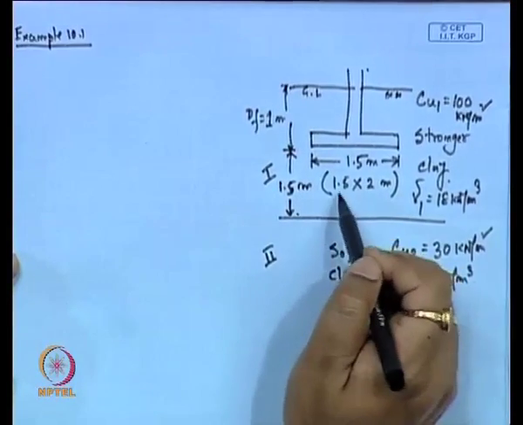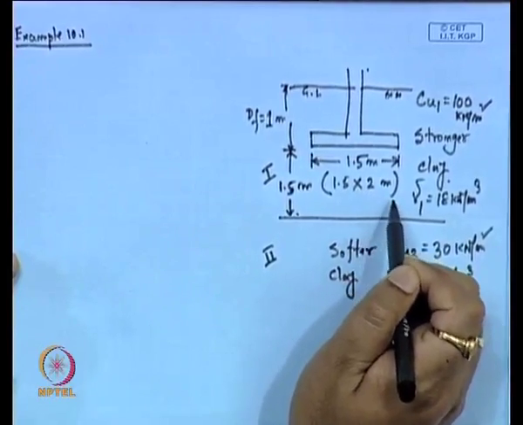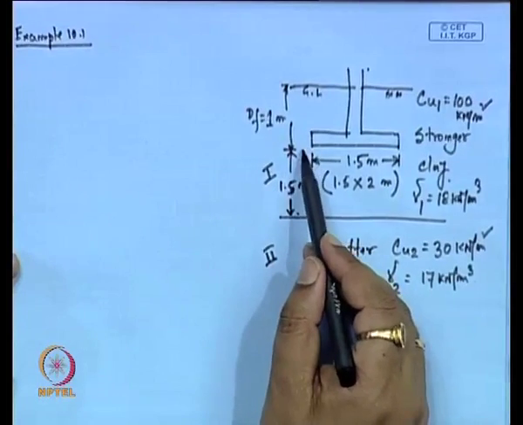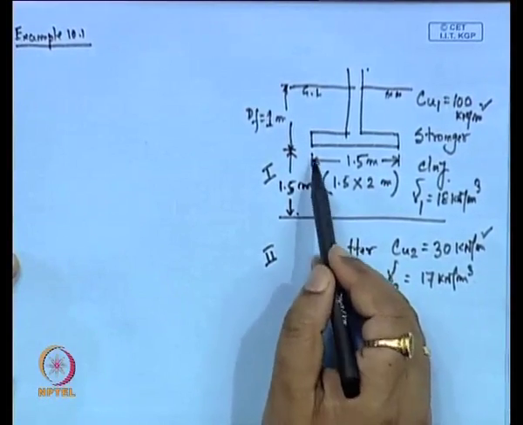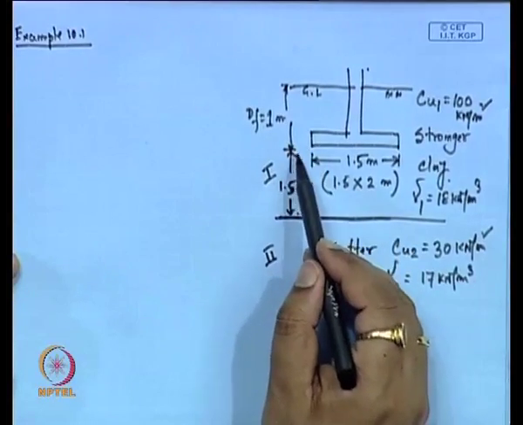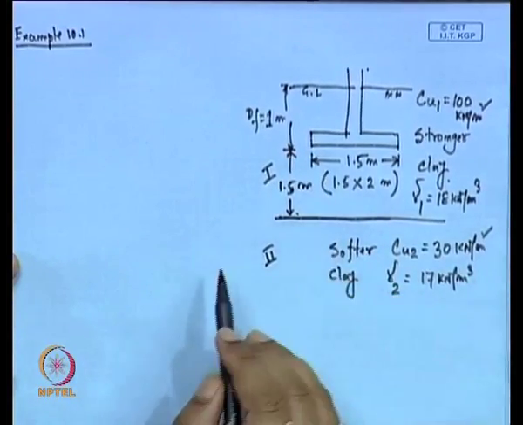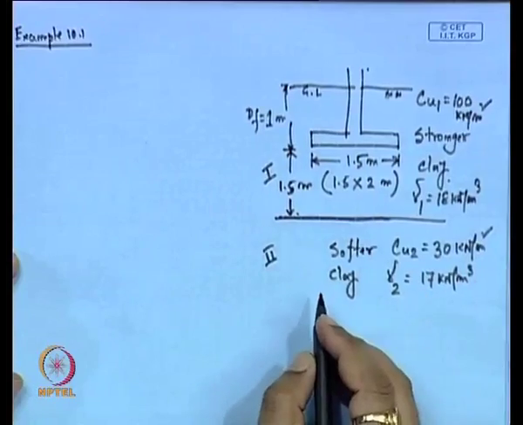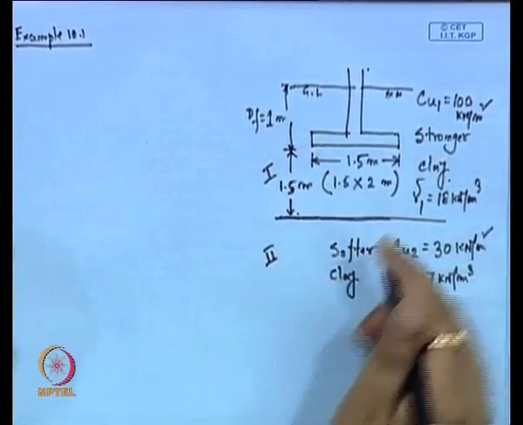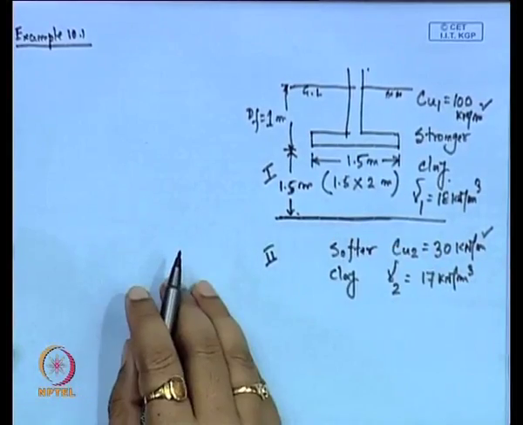The dimension of the footing is 1.5 cross 2 meter, depth of foundation is 1 meter, and the depth of the first layer is 1.5 meter from the base of the footing. Now, we have to determine the bearing capacity of this foundation in the layered soil system.